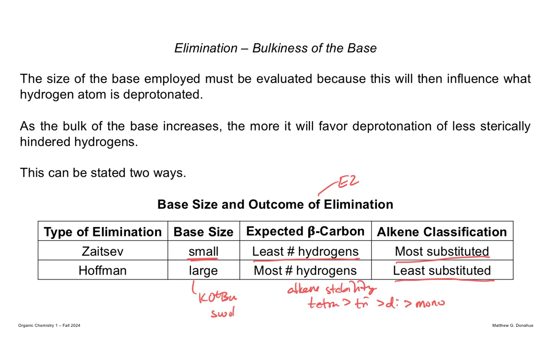So I'm just going to write Zaitsev over here, and then Hofmann over here. Any questions before we look at an example with this?